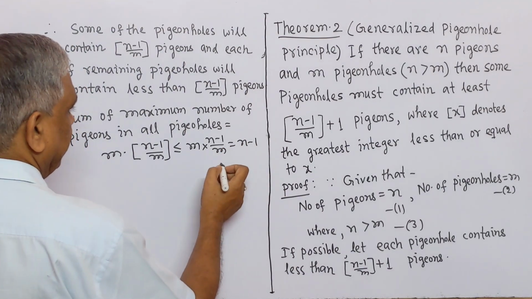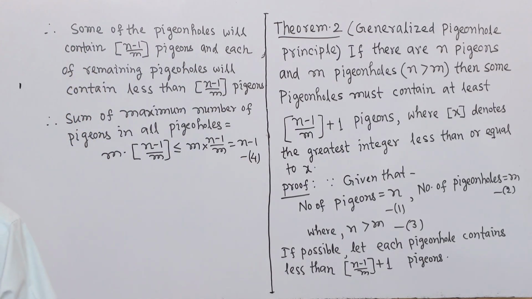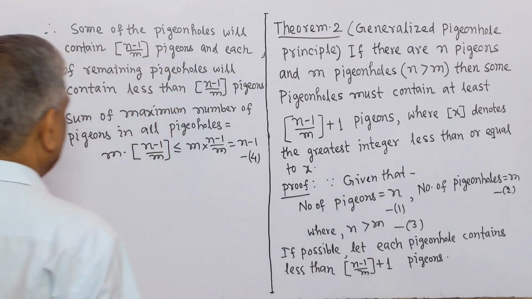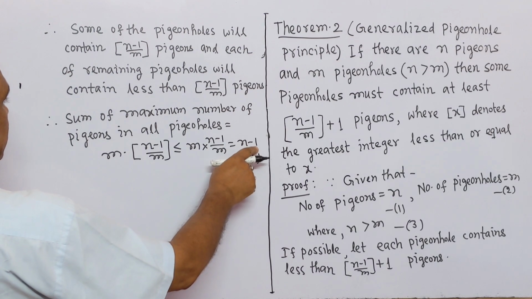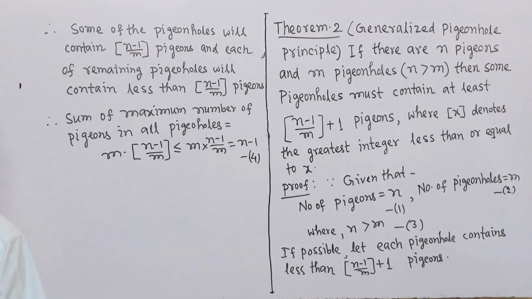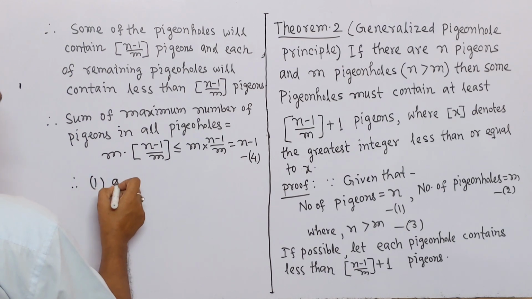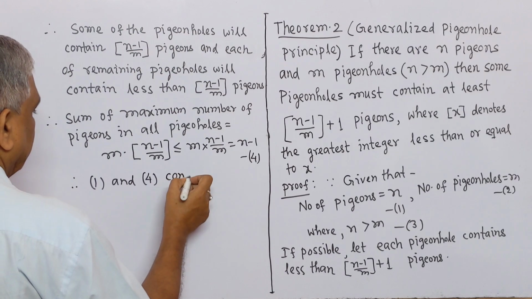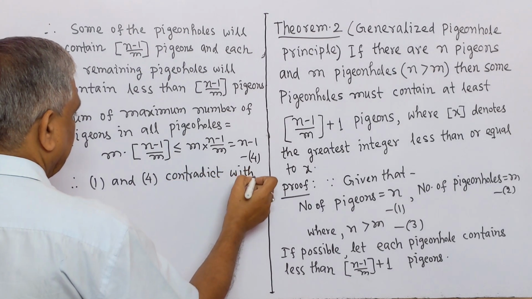Let this is number 4. Here in 1 we have number of pigeons equal to n. Here maximum number of pigeons in all pigeonholes will be n minus 1. So therefore 1 and 4 contradict with each other.